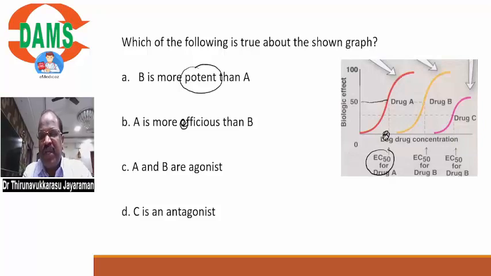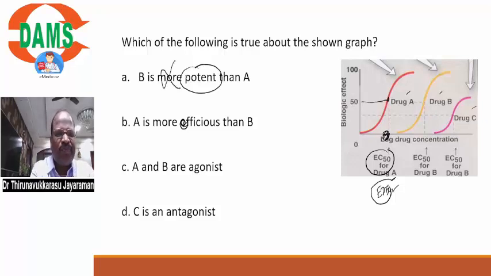That is the dose at which a drug produces 50% of the maximum response, called ED50, and ED50 indicates the potency of the drug. Among A, B and C, the ED50 value is very low for drug A, so drug A is more potent than all the others, and that option is ruled out. Efficacy means maximum response. See, drugs A and B have almost the same response.